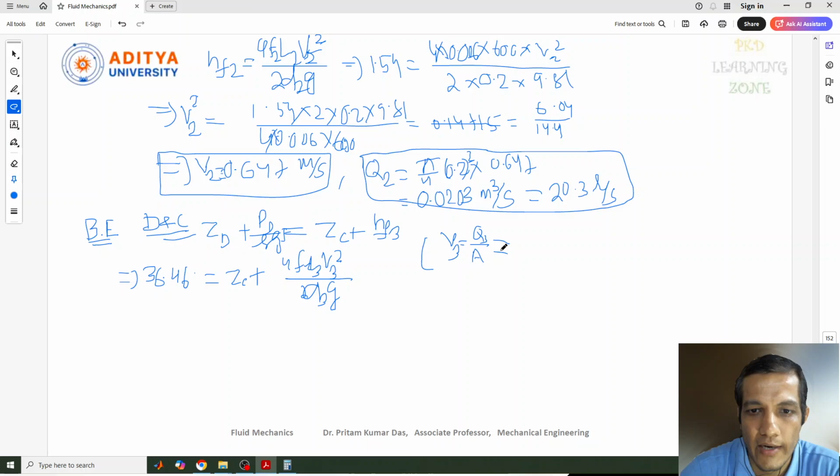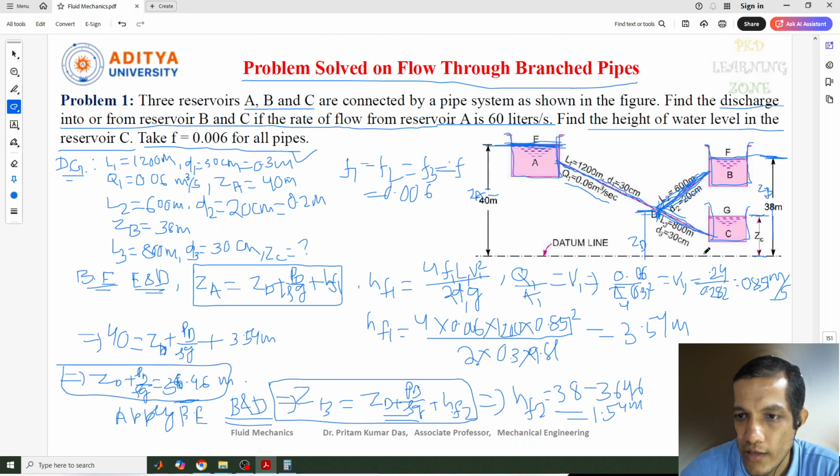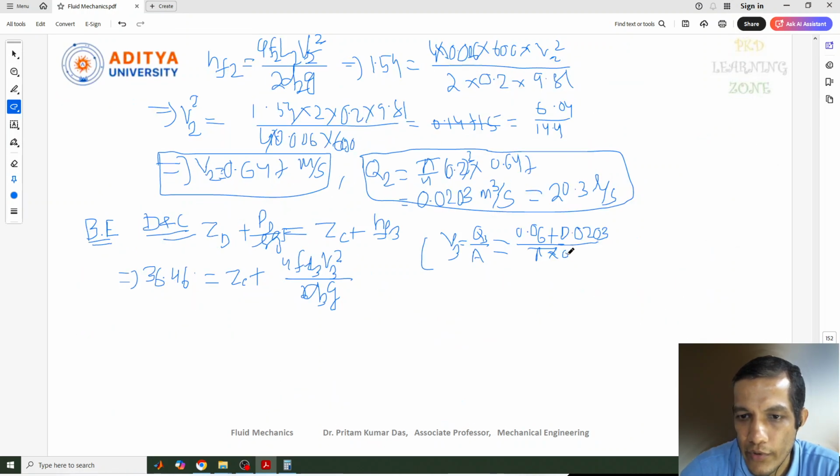Q1 is given as 0.06, plus Q2, which is 0.0203, divided by area, pi by 4 d square, that is pi into d square. D is 30 centimeter, so 0.3 square, into 4.